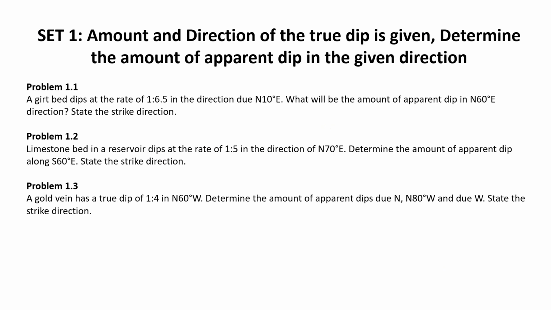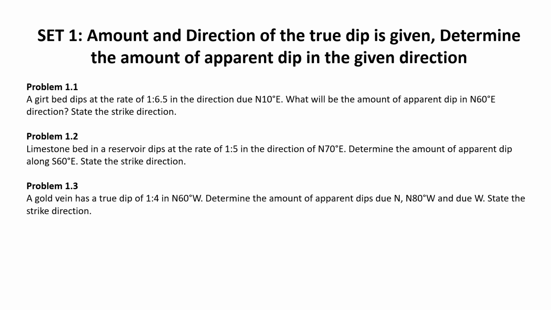Now let us see the first set of problems, where they give us the amount and direction of a true dip, and we have to determine the amount of apparent dip in the given direction. Also, they give the true dip direction and amount and the apparent dip amount, and we have to find out the direction of the apparent dip.